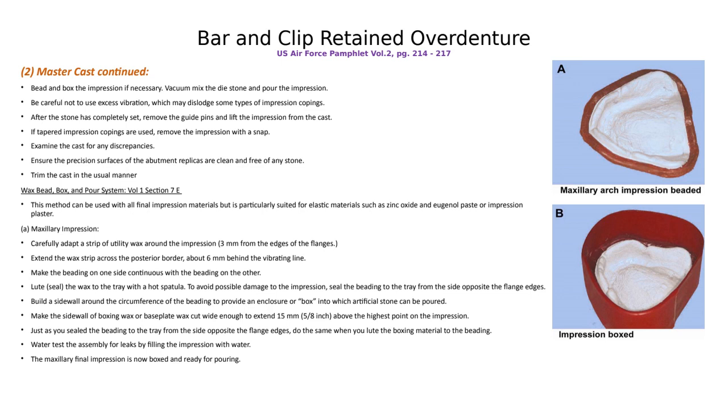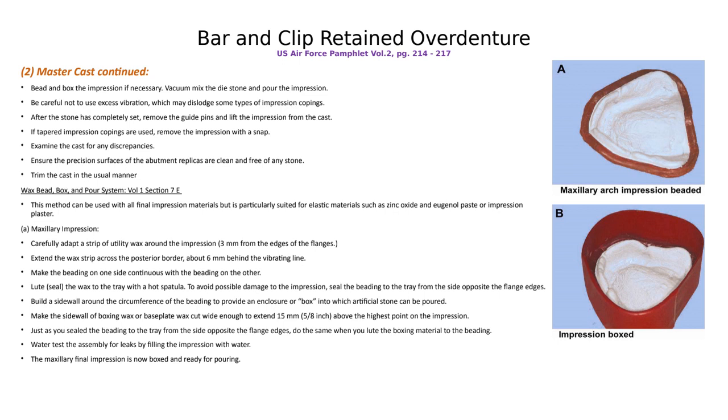When the dentist takes the impression for a complete denture, even if it's an open tray impression with the implants in and the implant copings and the analog inserted, it's recommended to do the model like we do it for dentures, meaning that we have to bead and box the impression.